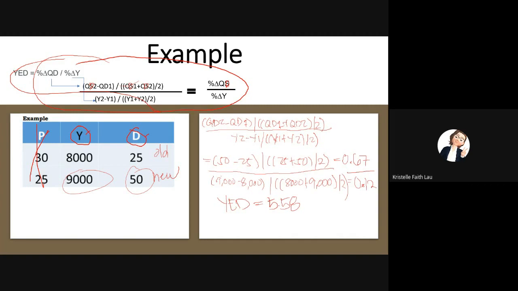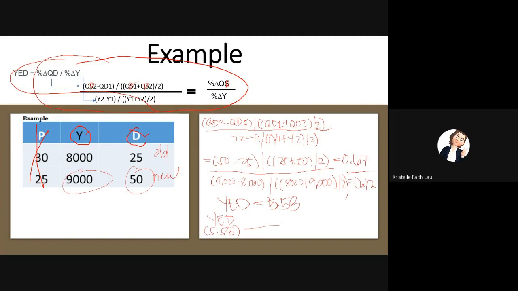Same process para hindi tayo malito at sure yung answer natin for the interpretation. Class, sa YED naman, if negative ang magiging answer natin dito, just stick with the negative.